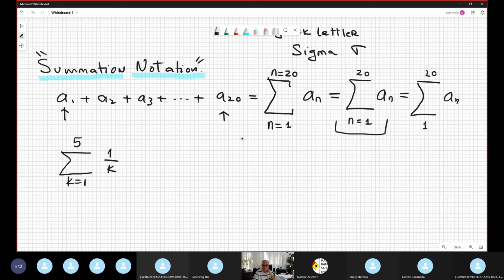The letter normally used in summation notation is n, the most popular, or k, i, or j. This is the index variable. N is very popular, and k is super popular in my opinion, then i and j, more or less.